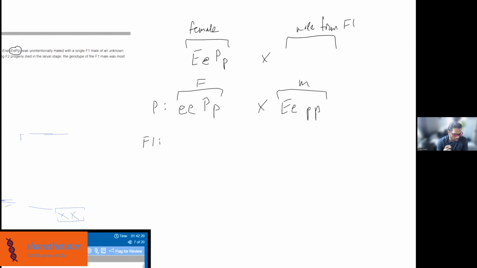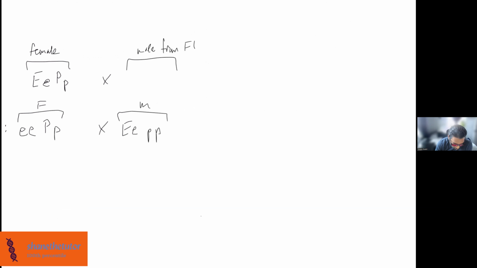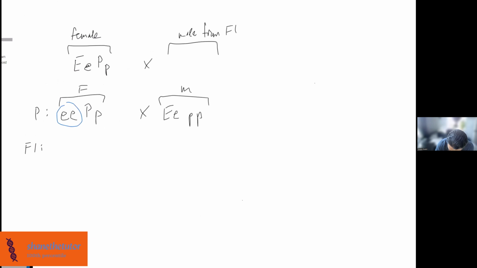Now, dihybrid crosses can be pretty annoying, but the way that I prefer to do it is I write a Punnett square crossing the big E and the little e, and then I write a separate Punnett square for the p's. So I'll show you what I mean. I'll use blue here for these.